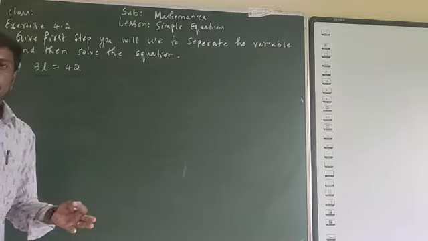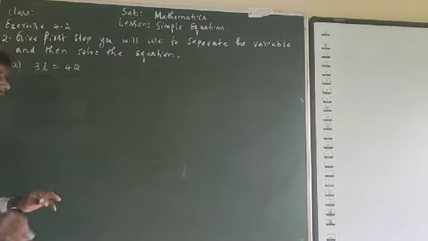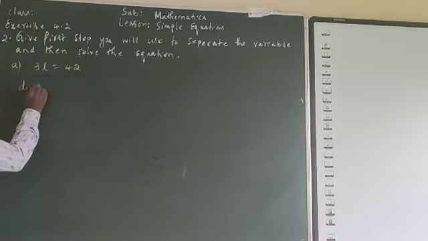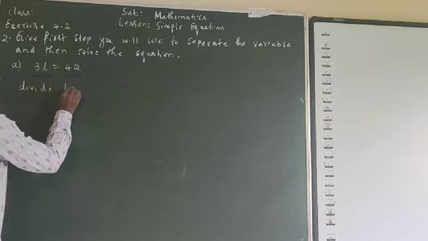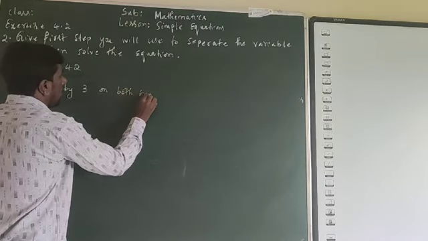If you want to add, add to both sides. If you want to subtract, subtract from both sides. To separate the variable, 3 is multiplied, so to remove that, we divide by 3 on both sides.